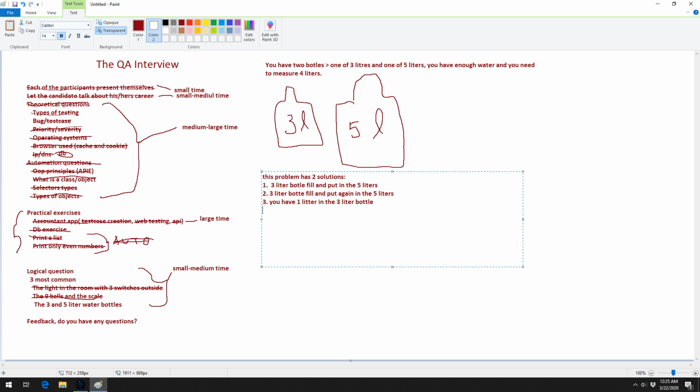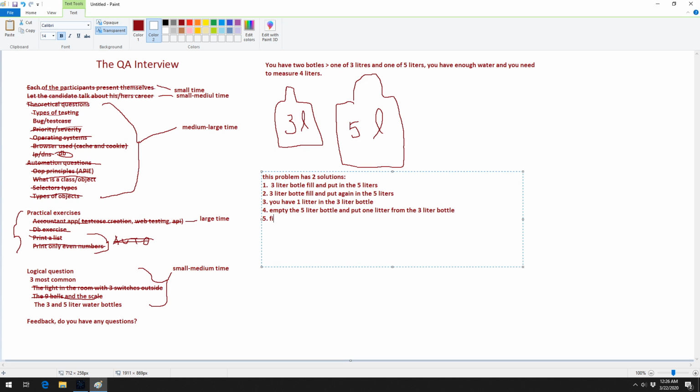Okay, 4. Empty the 5 liter bottle and put 1 liter from the 3 liter bottle.